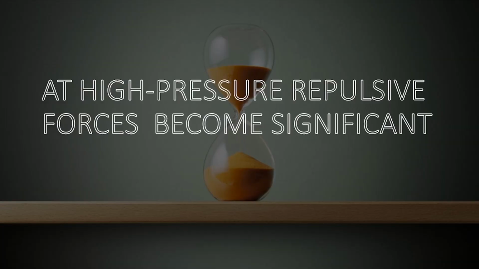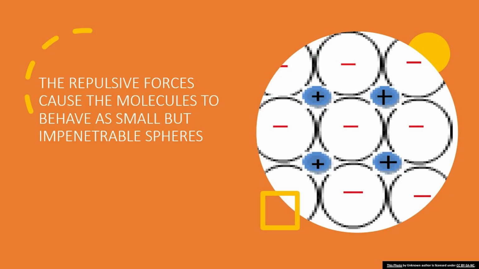We understood that at high pressure there arises an attractive force between the molecules. At high pressure, repulsive force also becomes significant. We know that repulsive interactions are short range interactions and are significant when the molecules are almost in contact. The repulsive forces cause the molecules to behave as small but impenetrable spheres.